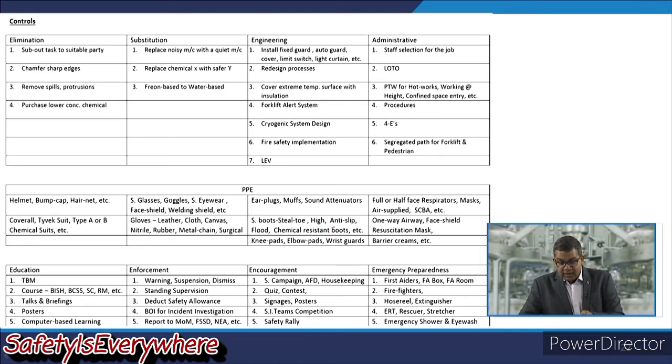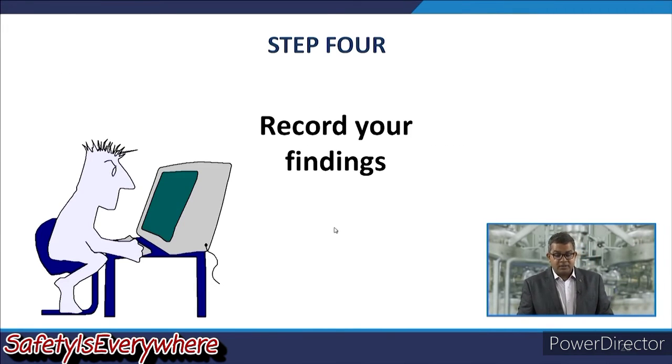Then the managerial aspect or administrative protocols suggest that they must encourage the use of all these things with the help of quizzes, contests, different types of signages, posters, etc. Then based on the safety reviews and past practice, you check how your system is prepared for emergency, and you must train all those workers for things like first aid box, first aid rooms, firefighting, etc. So in the broad spectrum, you can design and learn from these types of tables.